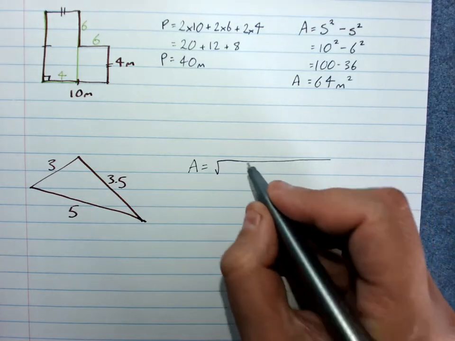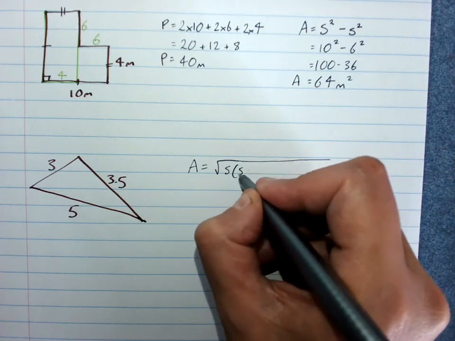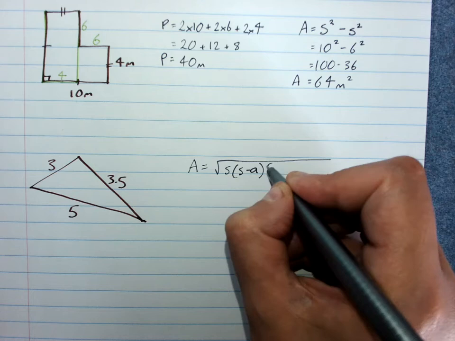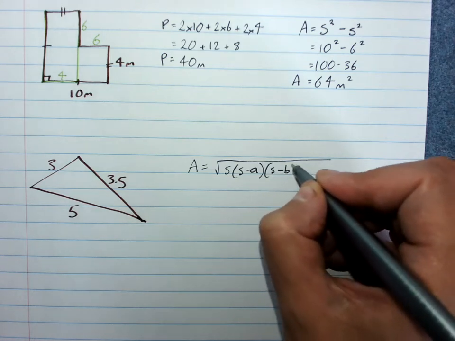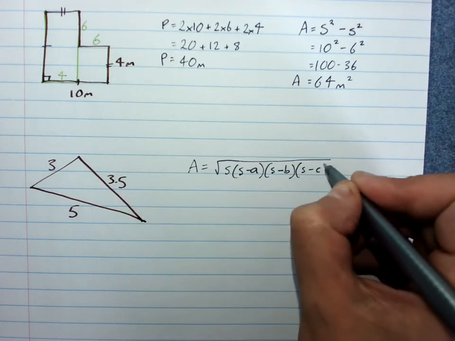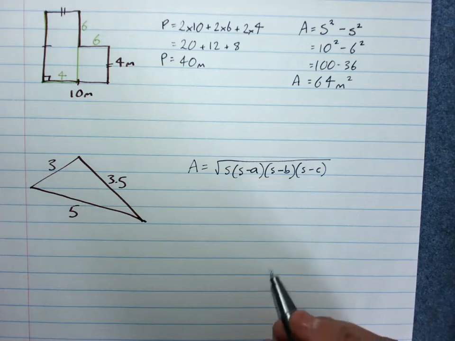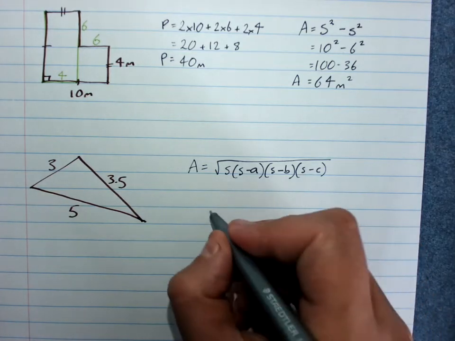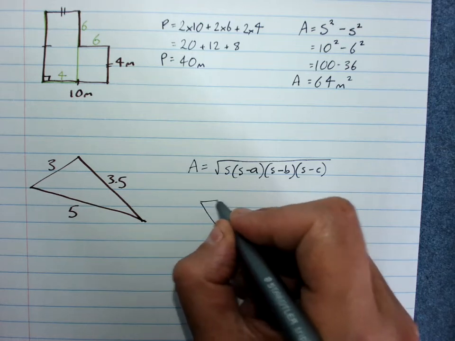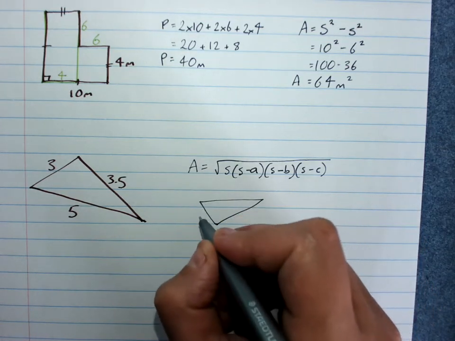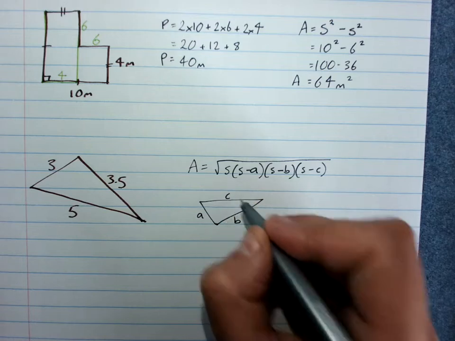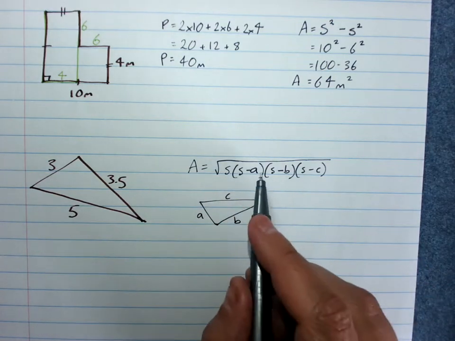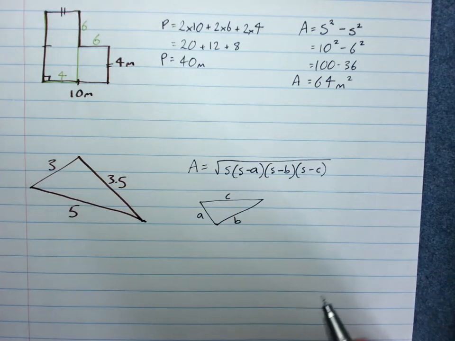It looks complicated, but it's pretty easy. So, I'll just explain our formula. I'll draw ourselves another triangle. A, B and C are the 3 sides of a triangle. So here's A, B and C in our formula.